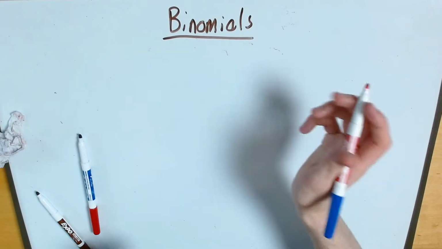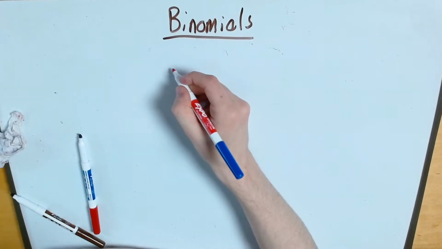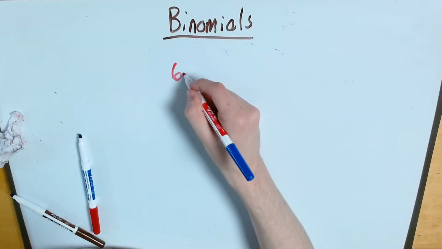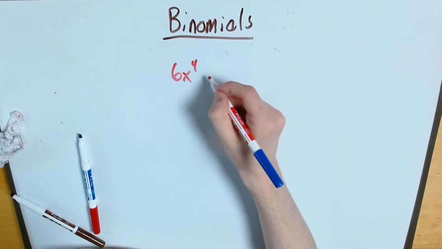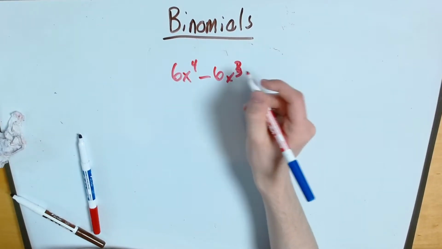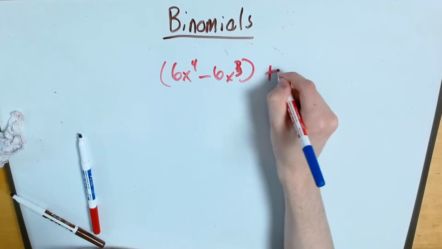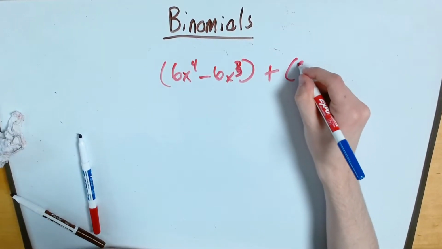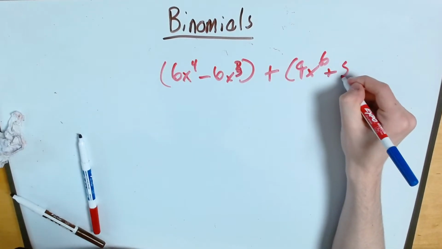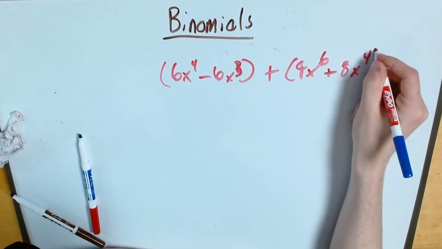So let's start off with, let's say I want to add two binomials together. I want to add 6x to the 4 minus 6x cubed together with 9x to the 6 plus 8x to the 4.